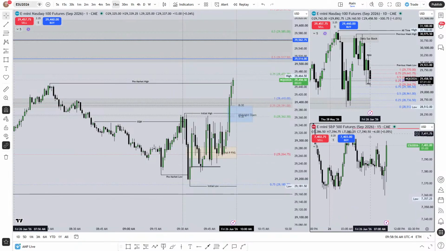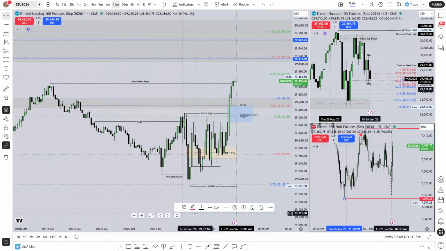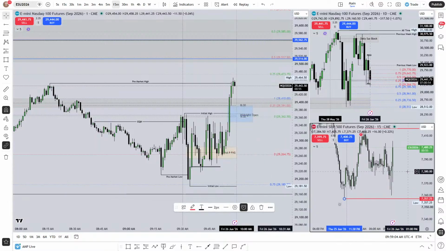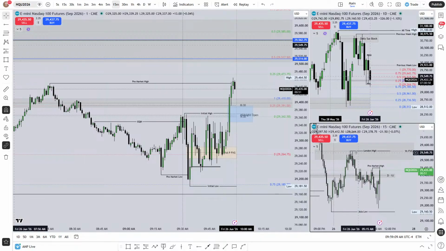I want to know if we hit that. That's London high. And I want to know if we hit this. That's Asia low. Relative equals. So it may not need to go up here.